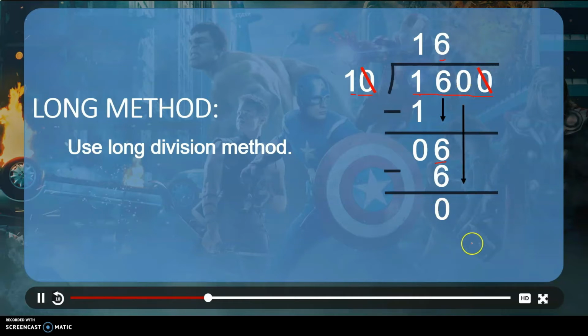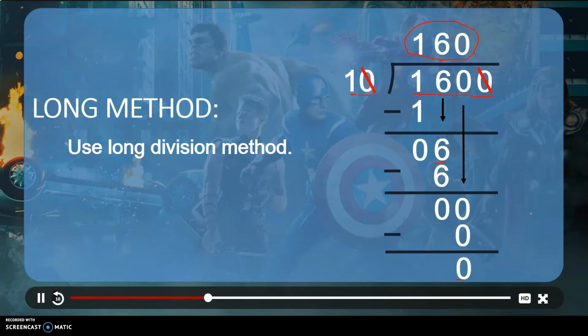We'll bring down 0. So 0 divided by 1 is equal to 0. And 0 times 1 is equal to 0. Then subtract, 0 minus 0 is equal to 0. So as you can see, our remainder here is 0. Automatically, there is no remainder. And our final answer is 160.